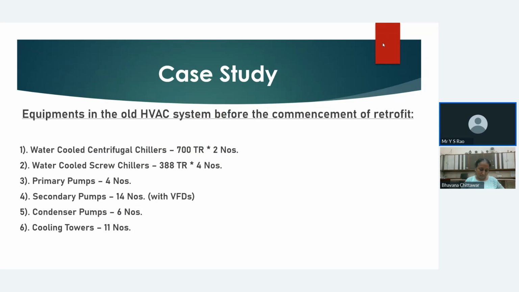Due to the non-performance of the chiller plant, an energy audit was conducted in the year 2014, and based on the findings, a few ECMs, what we call energy conservation measures, were proposed.